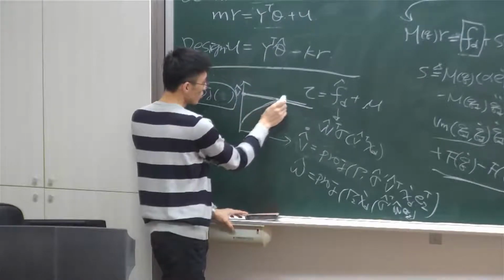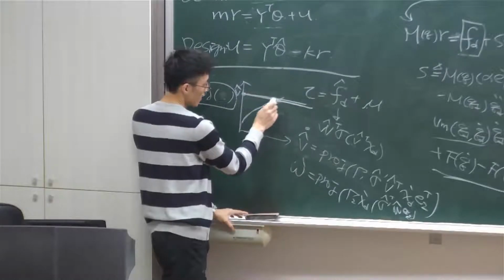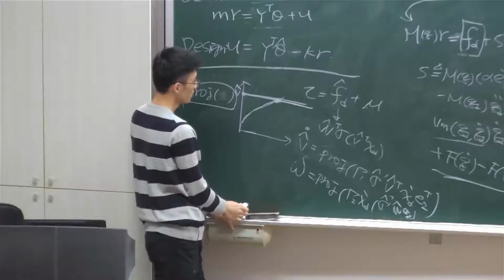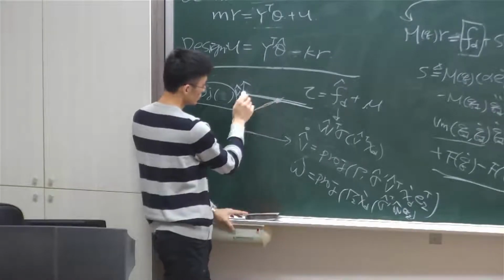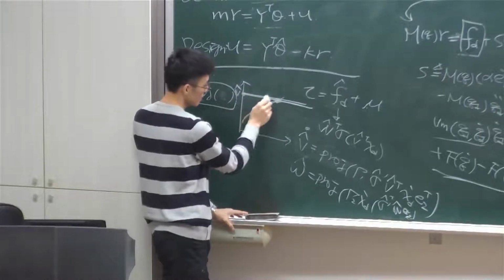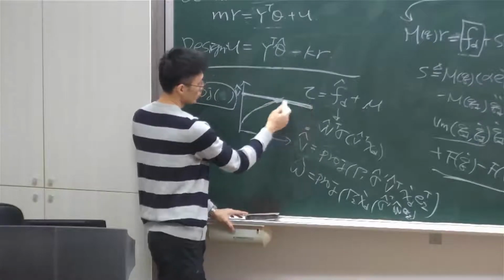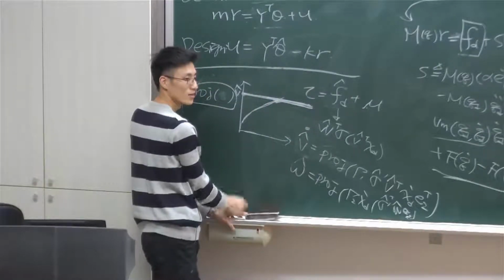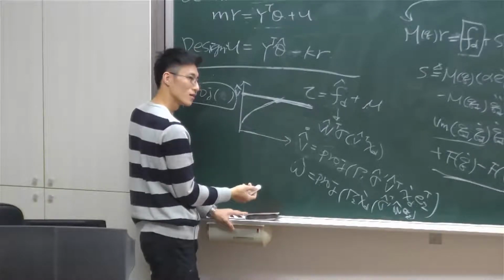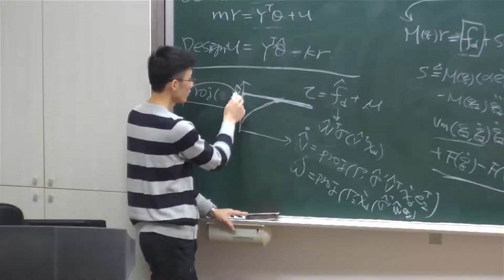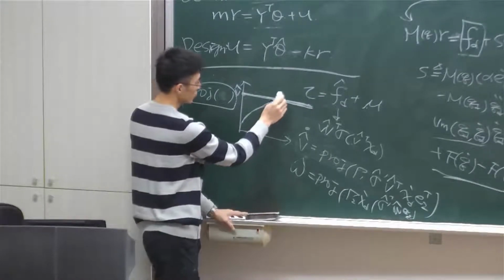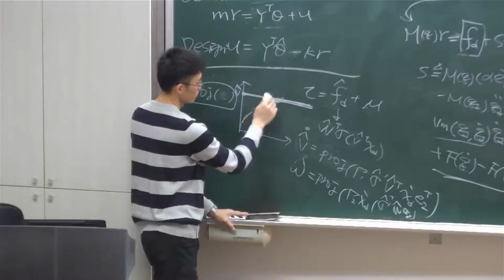If V hat is on the threshold and tries to go beyond this threshold, you will keep V hat at this value, which is the maximum value, the upper bound for V hat. Okay, you don't let V hat keep increasing. Okay, understand? So you project the value back to this boundary.